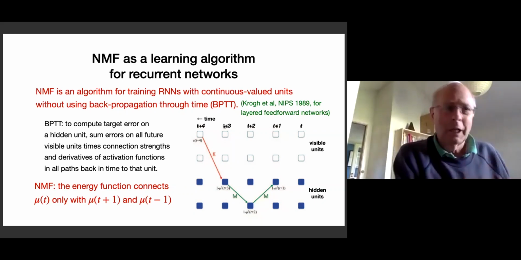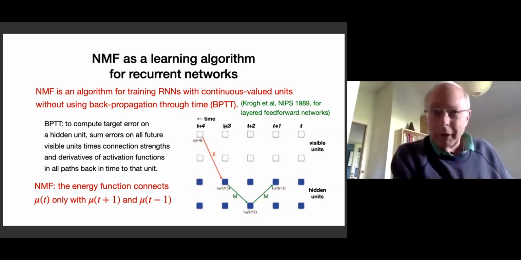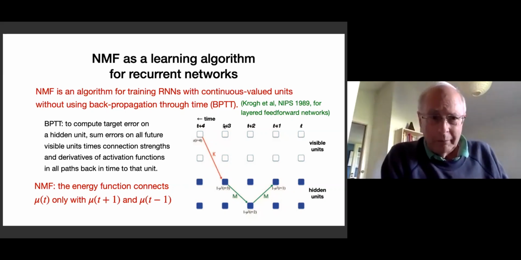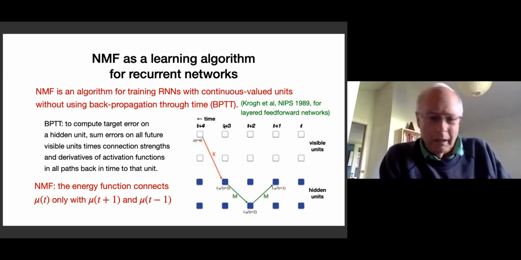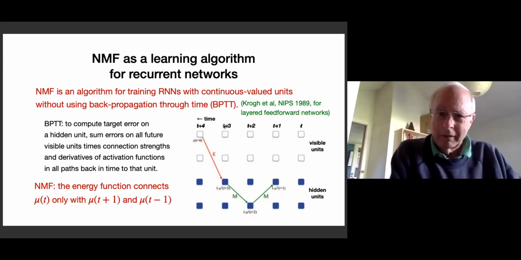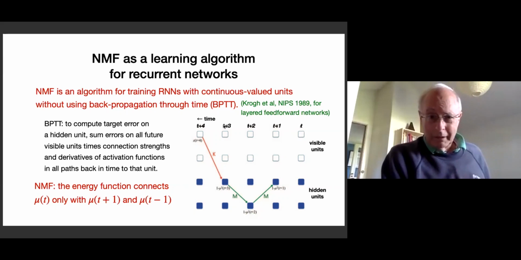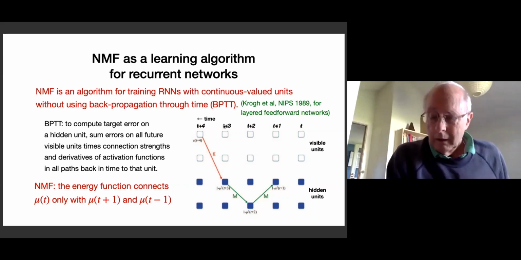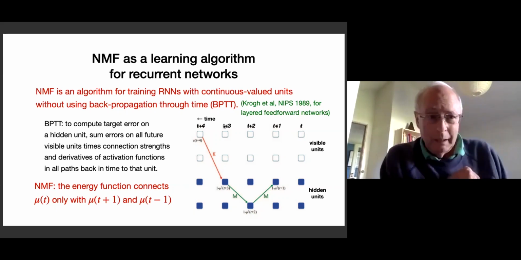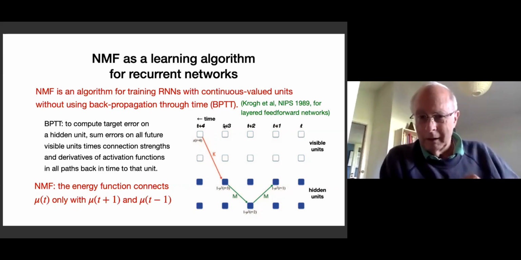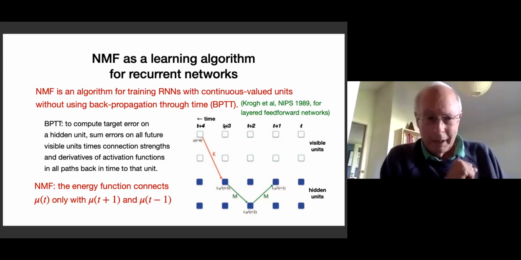Backpropagation through time is what makes doing recurrent networks kind of messy, because you have to sum over all paths from all visible units in the future back to the unit you want to know the error on.